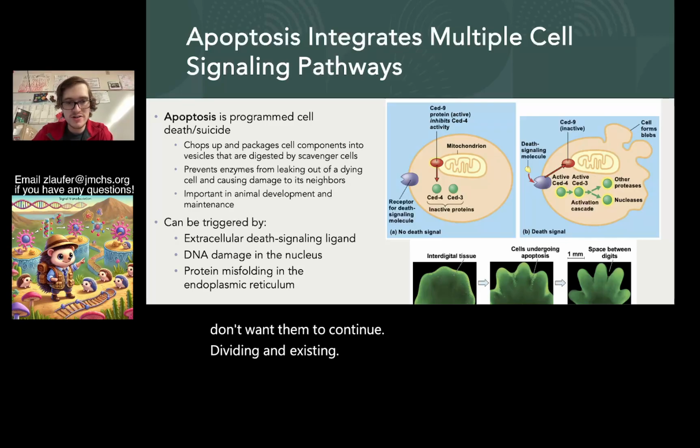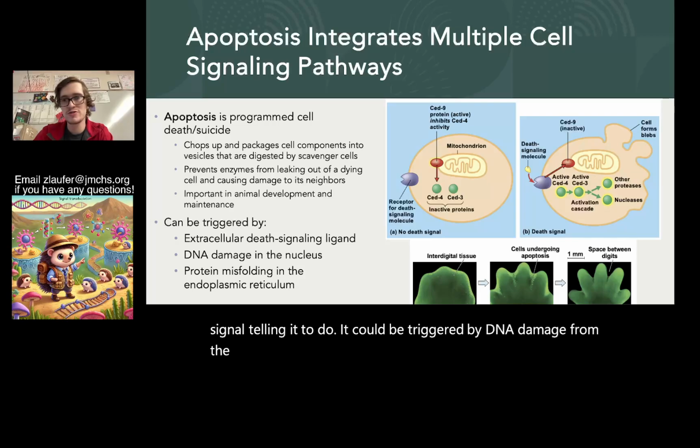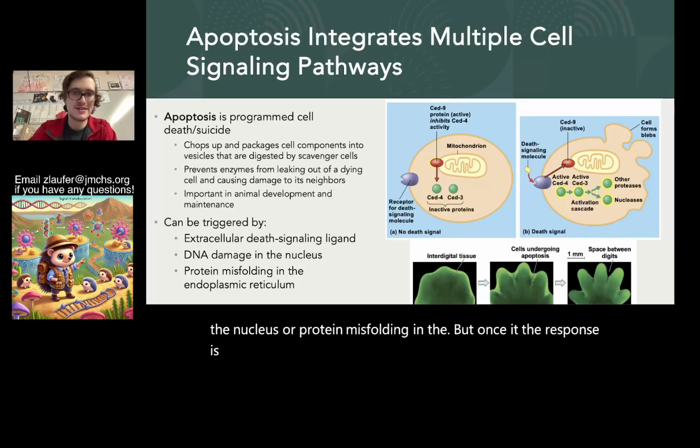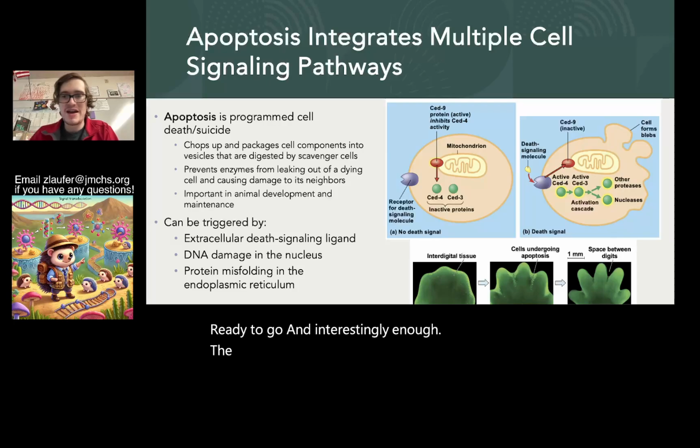So there's a few ways to trigger this. It can be an extracellular signal telling it to do it. It could be triggered by DNA damage from the nucleus or protein misfolding in the ER. But once the response is triggered, it is ready to go. And interestingly enough, the default of the apoptosis pathway is to kill the cell.